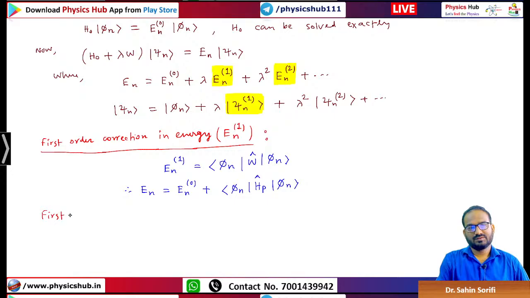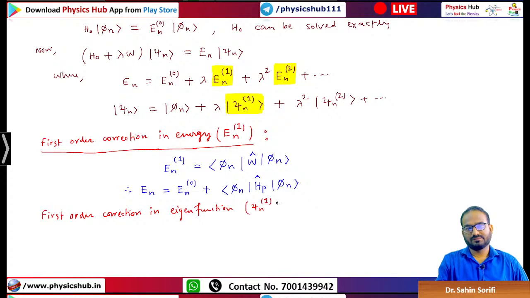Let's talk about the first order correction in eigenfunction, that is psi n1. What will be the first order correction in eigenfunction?